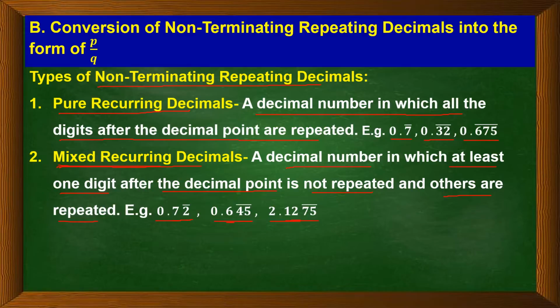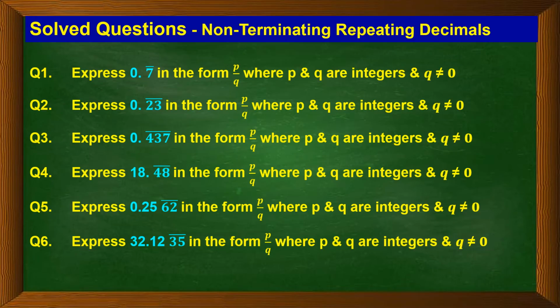Now let us study about their conversion. Now these are the 6 questions which we are going to take up in this video. These all are related to converting non-terminating repeating decimals into the form of p by q. And because it is non-terminating and repeating, you can observe there is a bar on every question. Right? And question number 1 to 4 are related to pure recurring decimals because every digit after the decimal point is repeating.